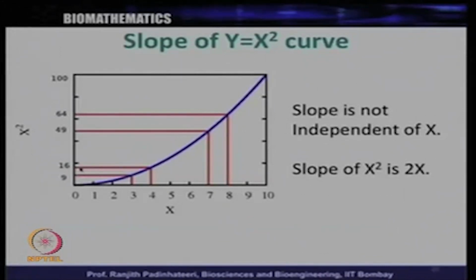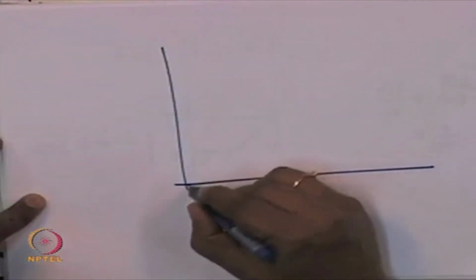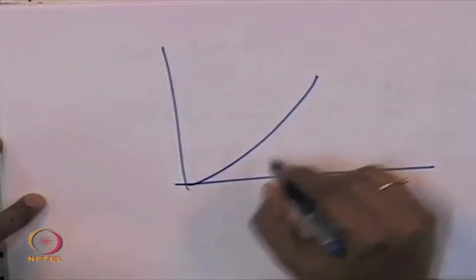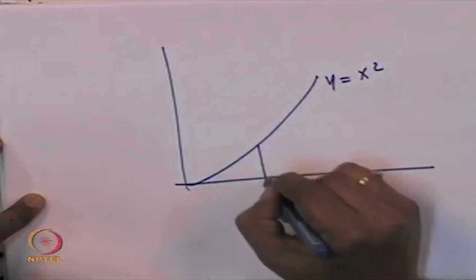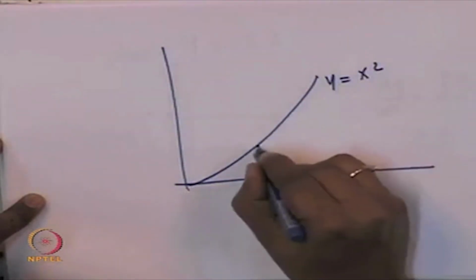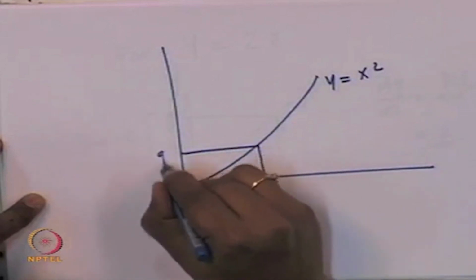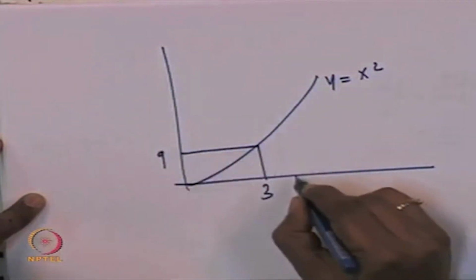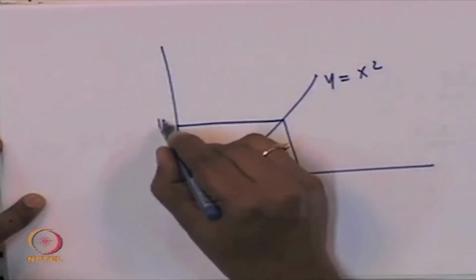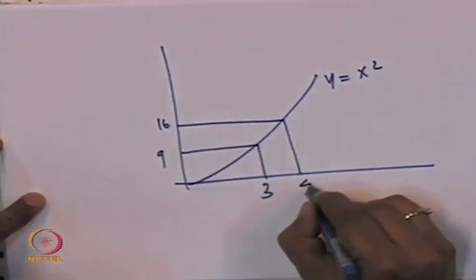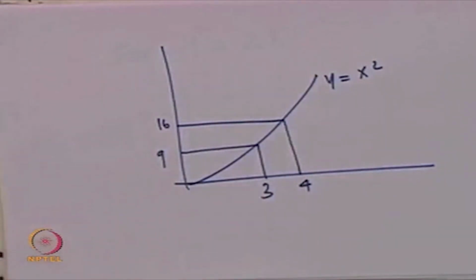So, have a look at this. You have a curve which is y equal to x square. So, we have 3 here, the corresponding value is 9, 3 square, and if we have 4 here, the corresponding value is 16. Now, let us calculate dy by dx. So, what is dy by dx?